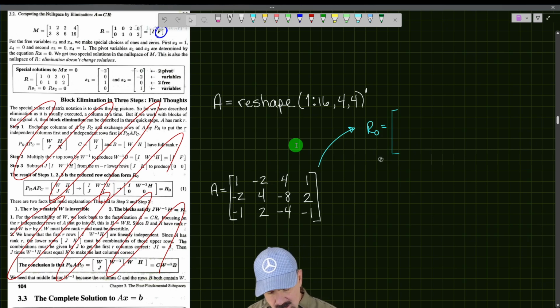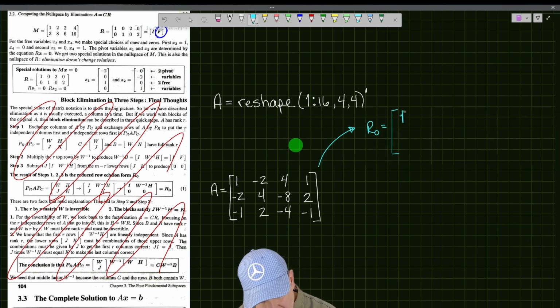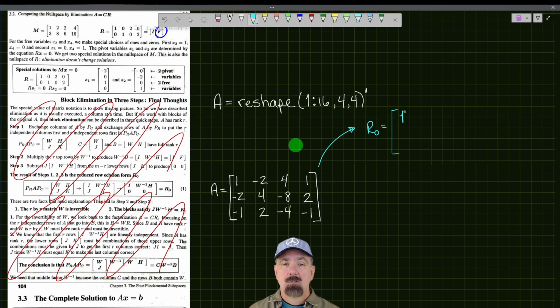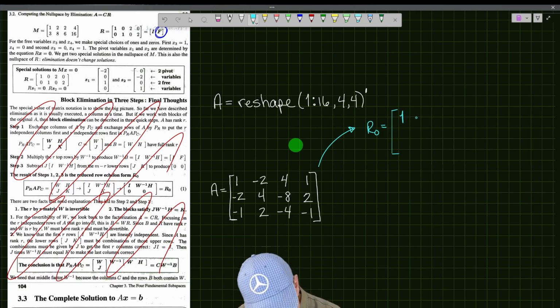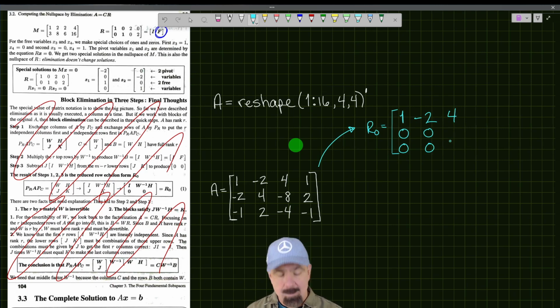And so what we see is the first column is of course linearly independent because there's nothing else it could be dependent with. The next column is -2 times the first column. So this gets a 1. This gets a -2. This gets a 4 because the third column is 4 times the first column.